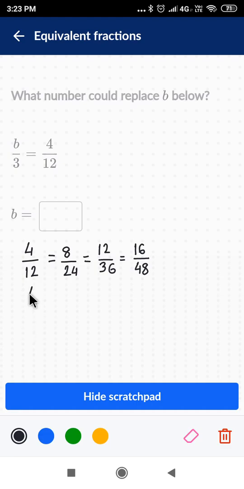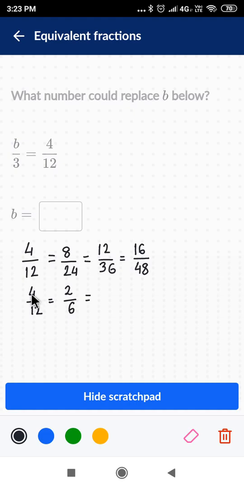Now let's try dividing. 4 by 12 is equal to, we'll divide by 2. So 2 by 6. We cannot divide by 3. When we divide, we must get an integer.